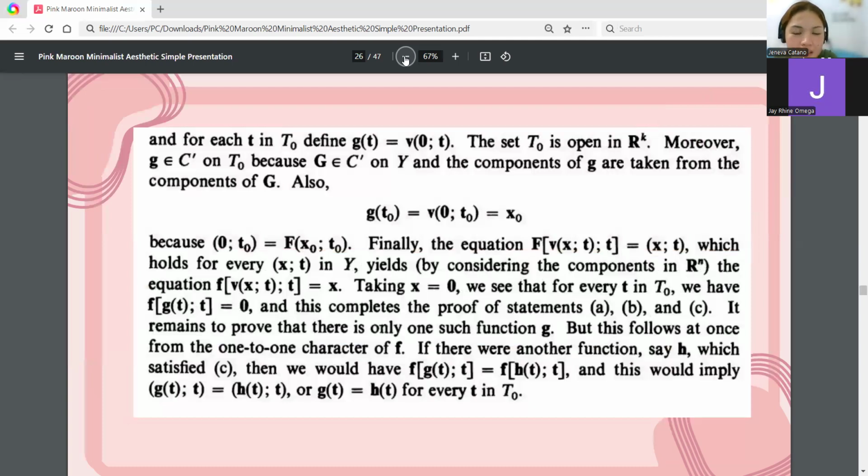And for each t in T₀, define g(t) = v(0, t).